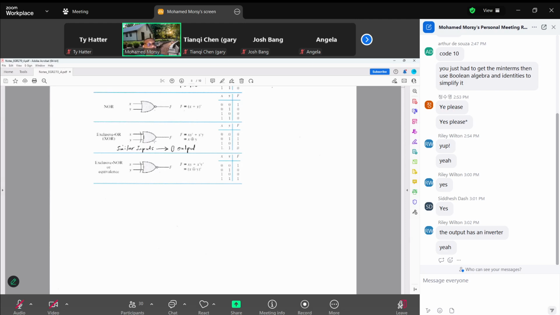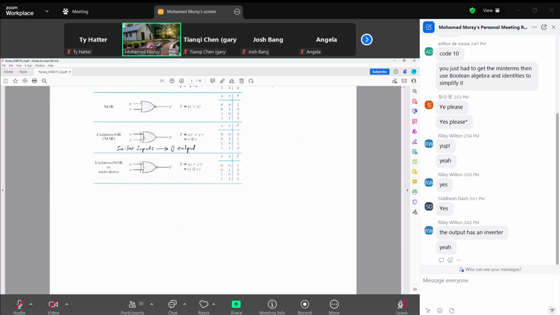But this gate, especially, is a very important gate because we use it in huge applications. We use it in encryption. We use it in encoding schemes like frequency hop, like direct sequence, spread spectrum techniques in communication systems to encode the signal.